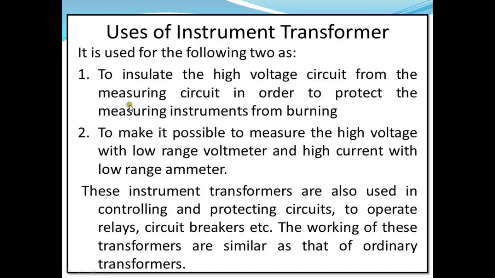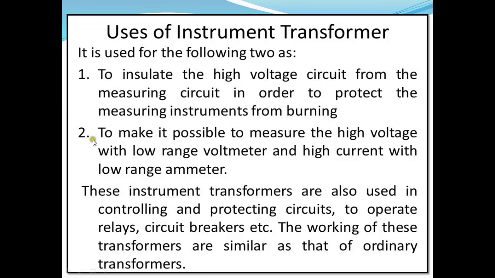Particularly, if we talk about the instrument transformer, its uses are of two types basically. One is to insulate the high voltage circuit from the measuring circuit in order to protect the measuring instruments from burning.